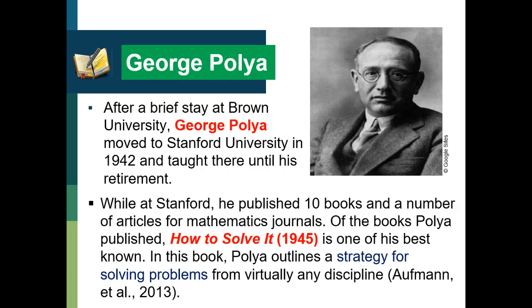In this book, Polya outlines a strategy for solving problems from virtually any discipline. Hence, this strategy is very generic. That's according to Hoffman. Here is George Polya, and we owe the 4-step problem-solving strategy to this brilliant mathematician.